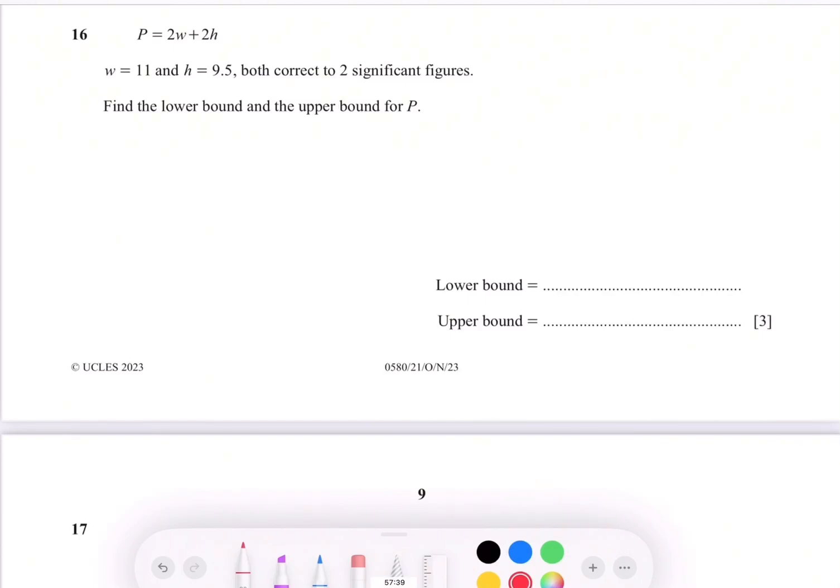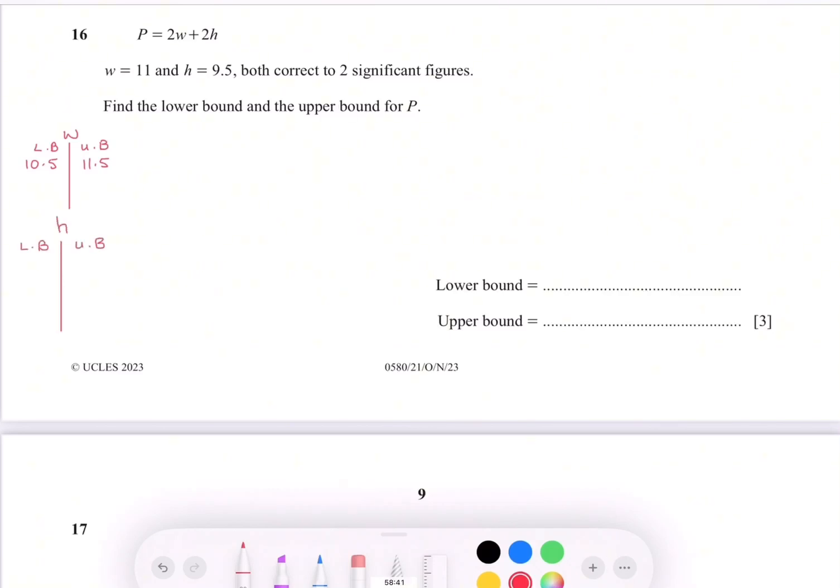P is equal to 2W plus 2H. W equals 11, H equals 9.5, both correct to two significant figures. Find the lower bound and the upper bound for P. Okay, W is equal to 11, and 11 is a whole number. Whenever you see a whole number, you just add 0.5 or subtract 0.5. So for the lower bound and upper bound for W, you subtract 0.5 from 11 and get 10.5, and you add 0.5 to 11 and get 11.5.